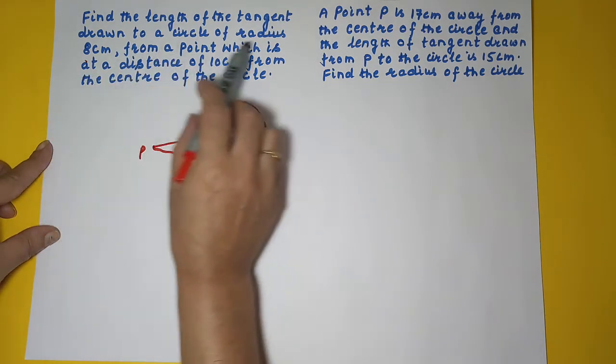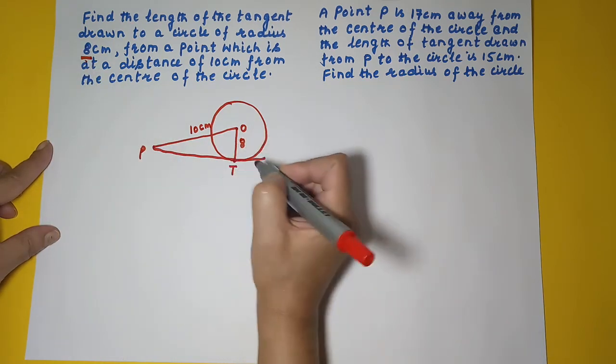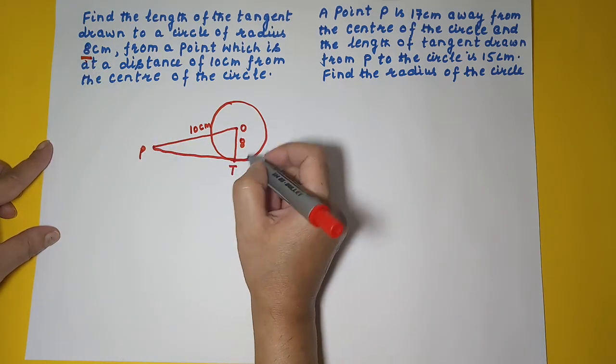And at the same time, the radius of the circle is 8 centimeter. That means OT is 8 centimeter.